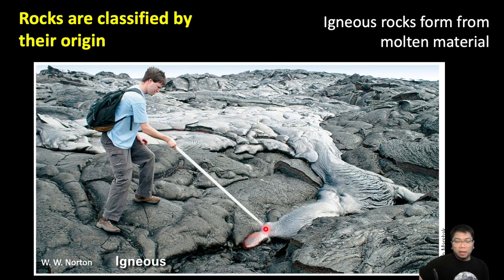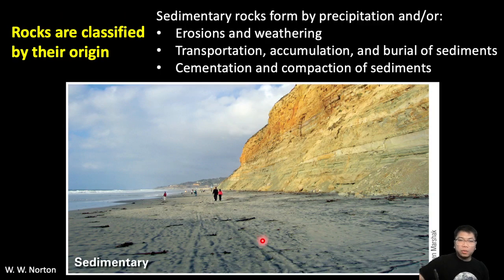The next one is sedimentary rocks. Sedimentary rocks form by precipitation, or through these processes right here. When they form by precipitation, they create what we call chemical sedimentary rocks, such as salt deposits.